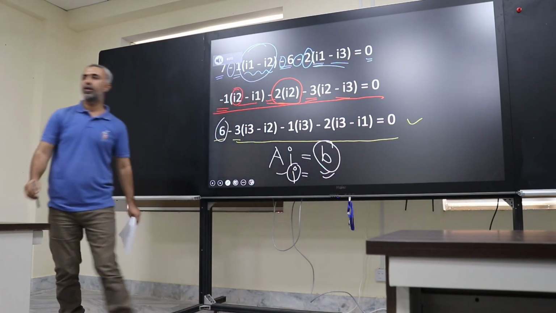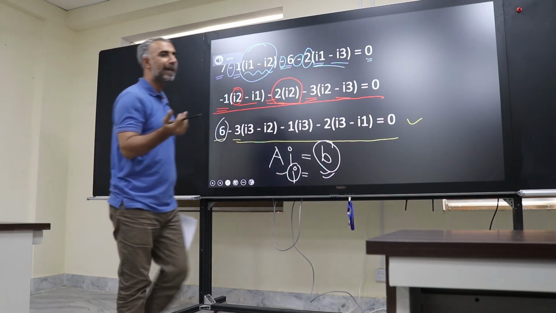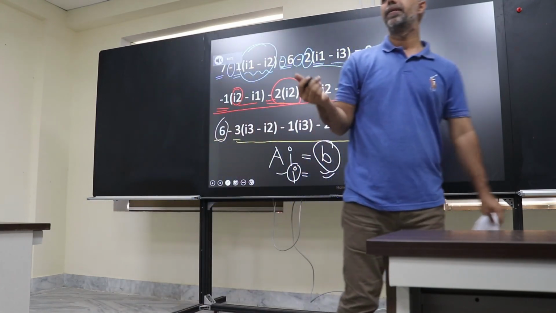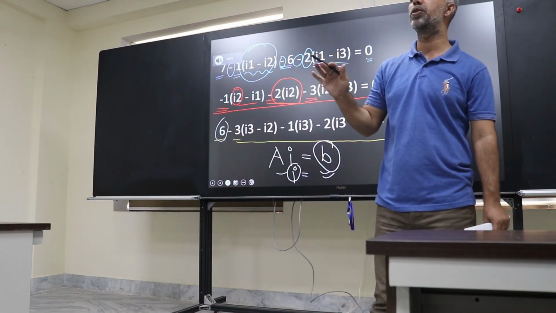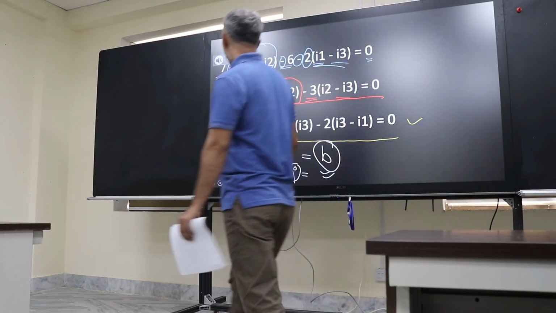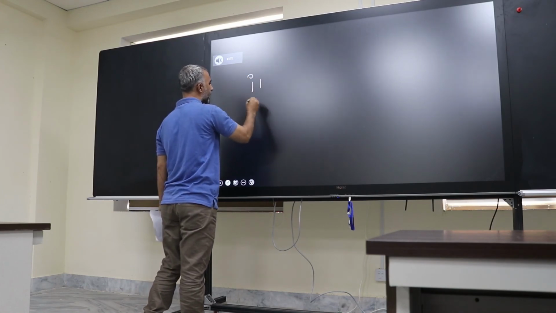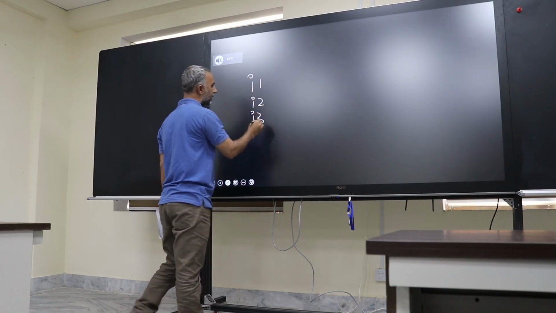You can apply any Gaussian elimination process, reduced row echelon form, Cramer's rule, whatever. You need to determine these unknowns, of course I1, I2, I3.